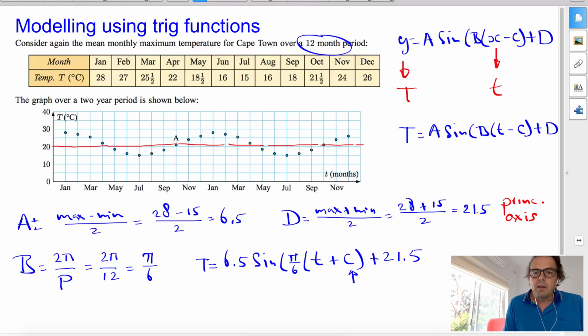And now we identify where the sine function starts. So where it goes through the principal axis. Well, it goes through here, but it goes down. The sine function doesn't start going down, the sine function starts going up. So that's here. That's where it starts. Exactly that point there.